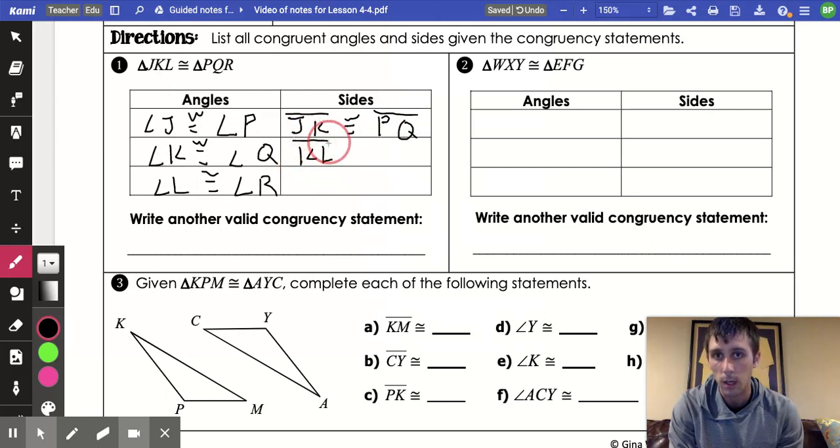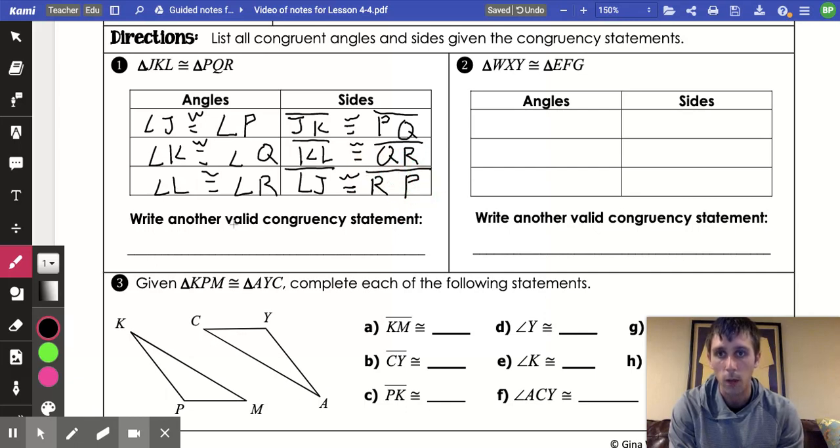So KL is congruent to what? QR. And then the last one, LJ, is congruent to what? What is the last one? R. And the first one, J. Or I'm sorry, P.